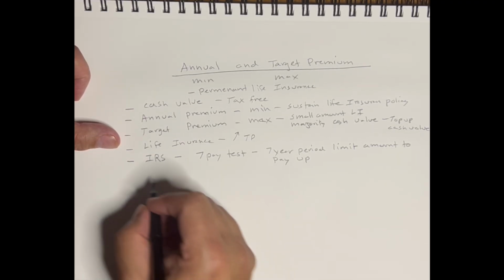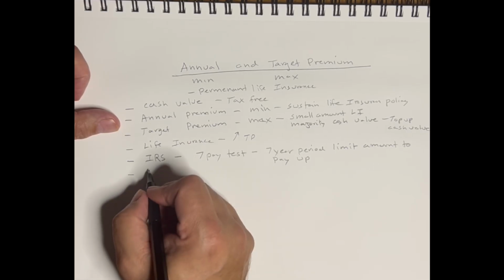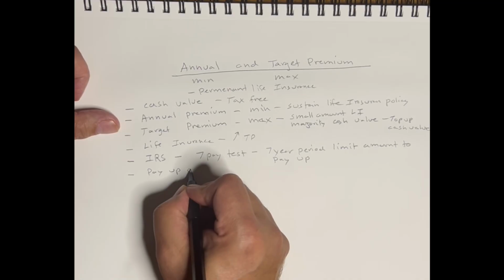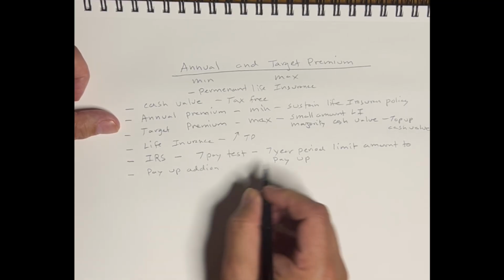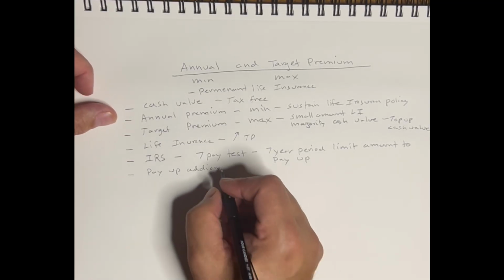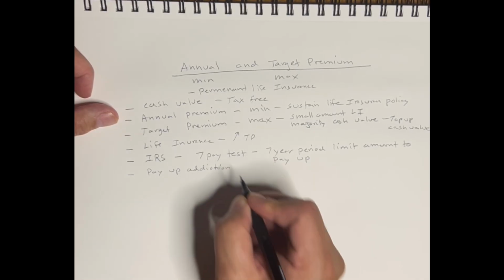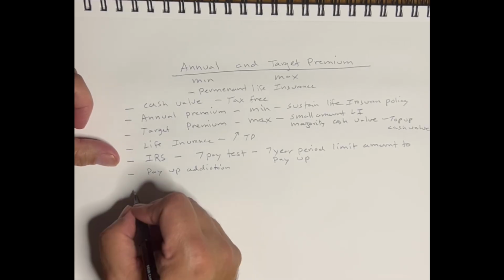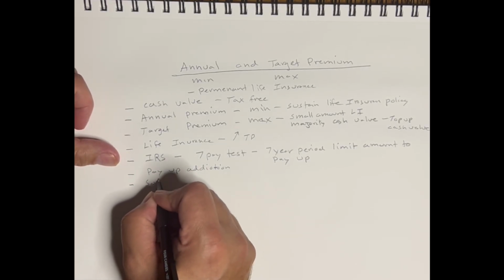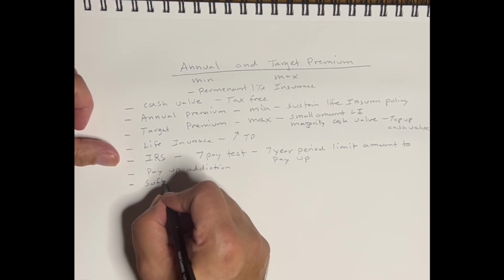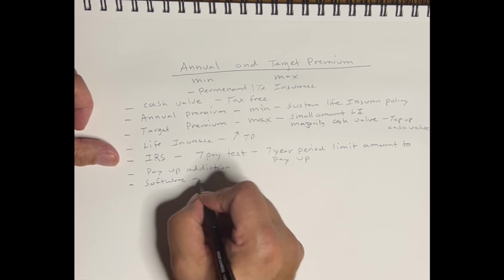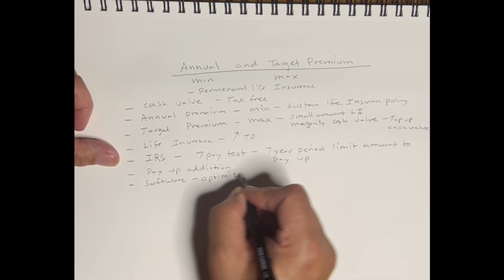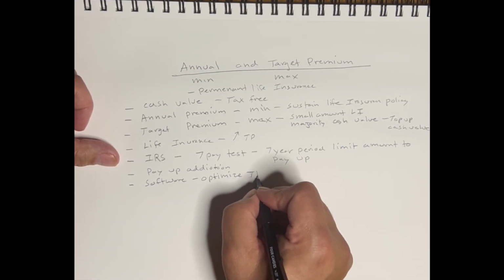Now, we do this in a life insurance policy by using what's called a paid-up addition. There's other names for it, but they call it a paid-up addition. I have to spell it right. We use the software for an illustration to optimize this IRS rule, the 7-pay test.